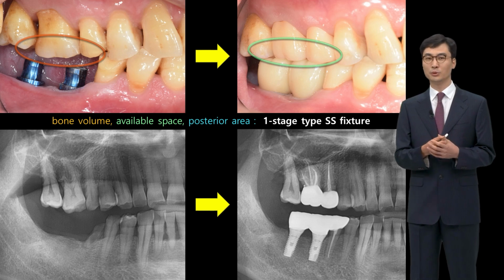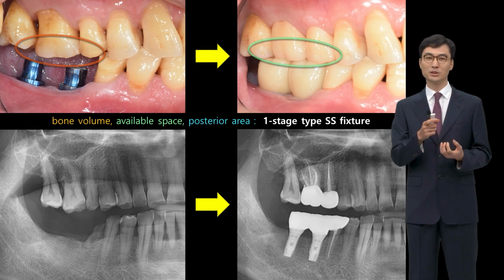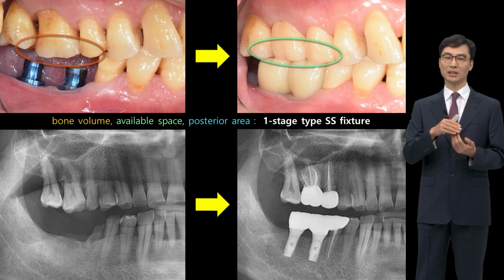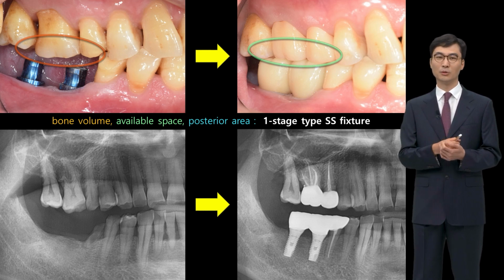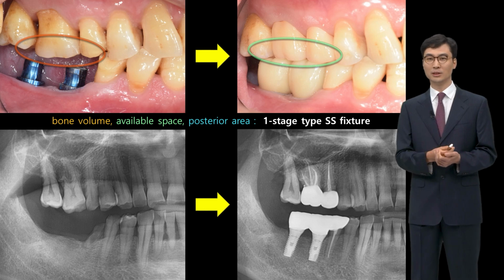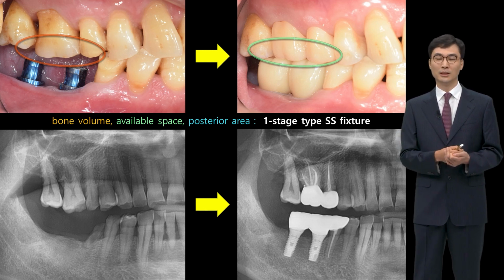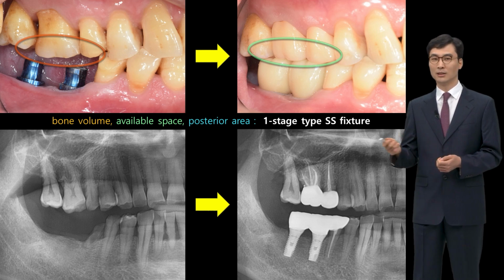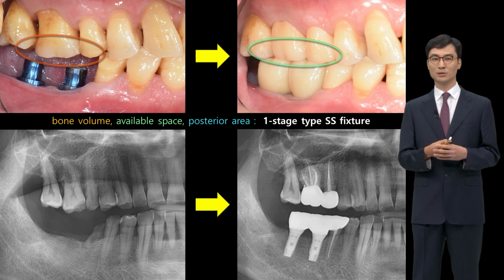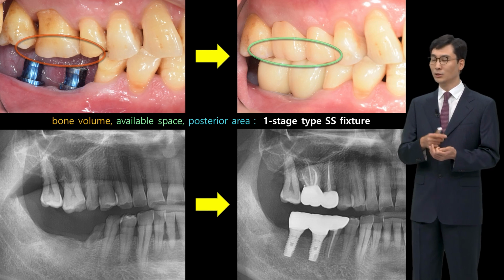It has very solid structure. It doesn't cause marginal bone loss. And the connection between the implant and abutment is not on the bone level, but on the tissue level, causing very little periimplantitis. It doesn't cause implant fracture, so it generates very good outcomes. So in this case, I use non-submerged type SS implant.